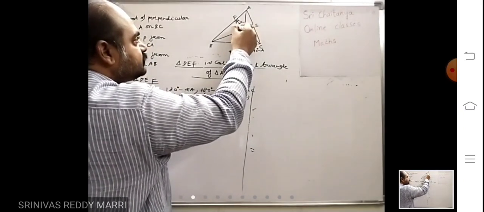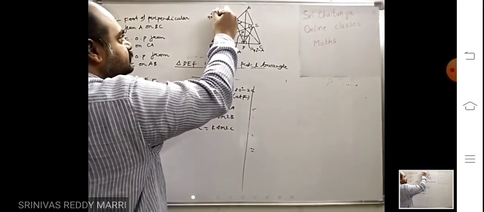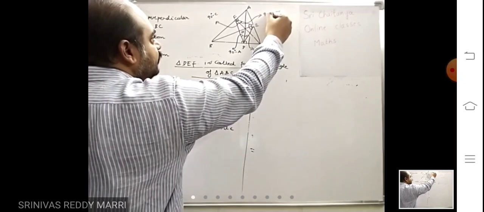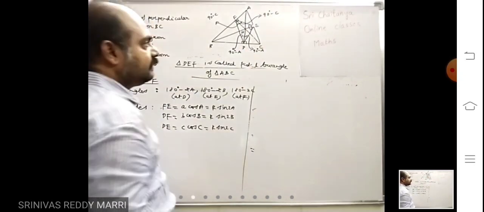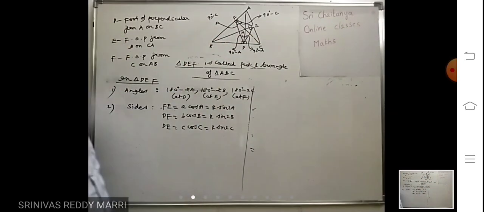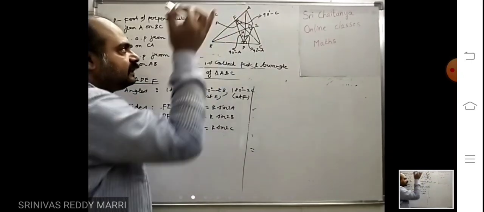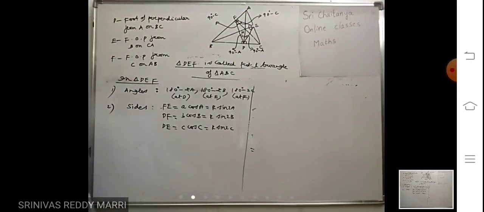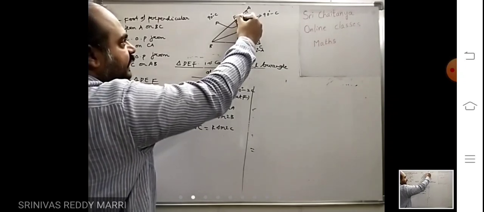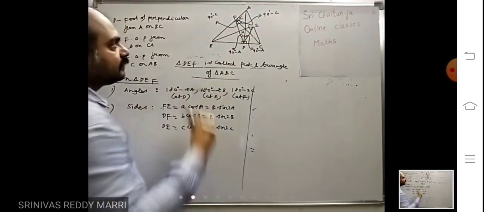Half of that, this angle is 90 minus C. Similarly, here you will get 90 minus A. This angle is 90 minus C, and this angle is 90 minus C you will get. Now if you look at here, this complete angle is 90. So this angle will be angle C, correct or not?